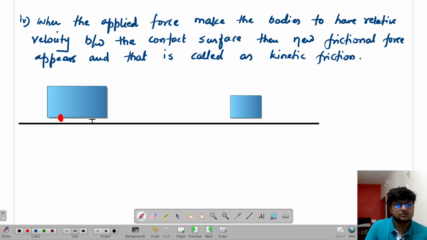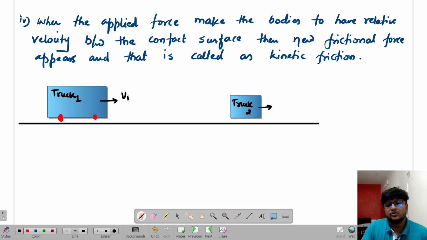Now, this is your truck one moving with some velocity V1, and this is your truck two moving with velocity V2. Now, the engines are stopped, and the surface is rough. Tell me which one will stop faster?